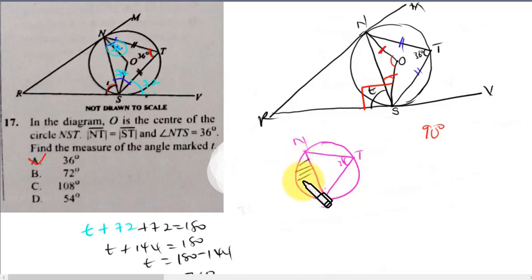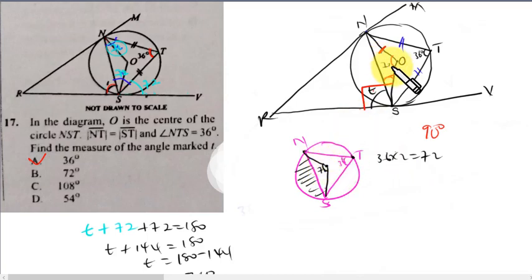That is the smaller one, and we have the other one here. So when two angles are subtended by the same chord in the same segment, but one ends at the center, and one goes to the circumference here, the one at the center is twice the one on the circumference. So if here is 36, then the angle at the center is times 2, and that is 72. So here is 72 degrees.